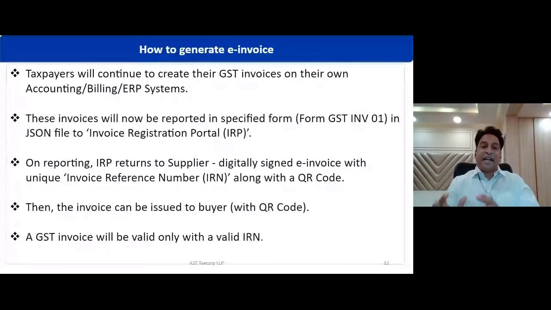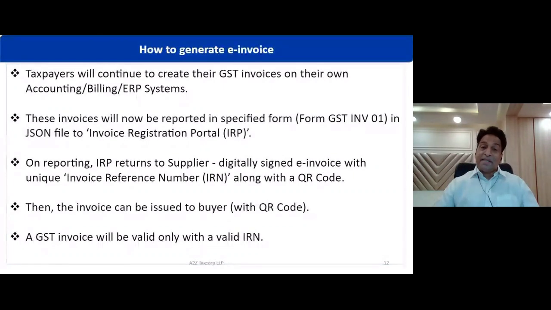After this, it will give it back to the supplier in a JSON file. So this JSON file along with the QR code is given back to the supplier, and then the supplier can issue the invoice to the buyer either in JSON or PDF file or printed copy. And this QR code which is provided needs to be printed on the invoice itself.